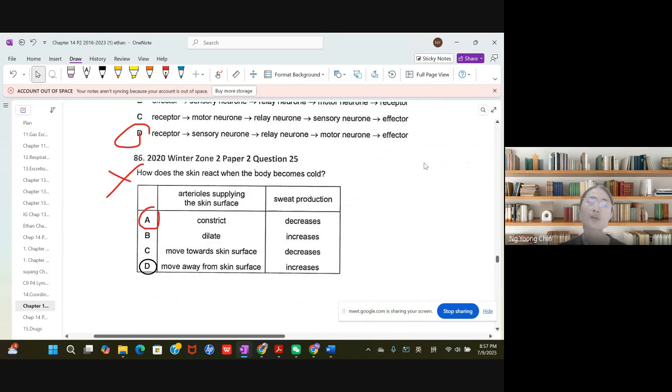Why is the answer A? It is because arteriole vasoconstriction is much more accurate to describe the condition compared to moving away from the skin surface. So that is A. Just remember that during cold you have vasoconstriction. During hot time you will have vasodilation. Just remember it this way.